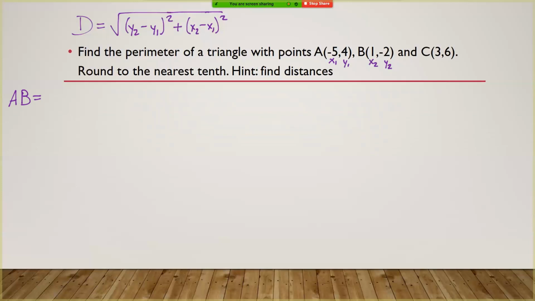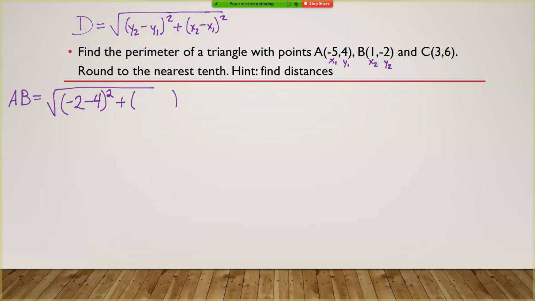So when I go to find the distance from A to B, I'm going to start off with y2. Well, y2 is -2, so underneath my square root, I'm going to start with -2 minus y1, which is 4. That quantity gets squared.